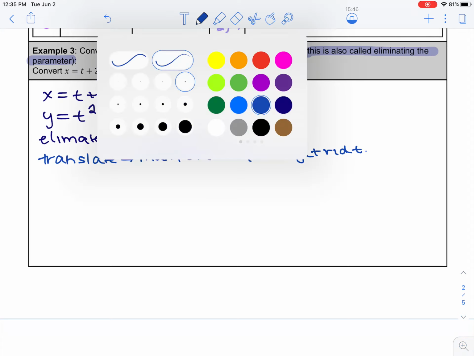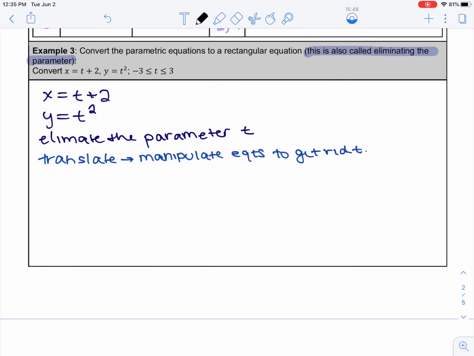So we have a couple things that we need to consider in doing this. Our first step that you will see detailed in the answer key to your guided notes, your step 1, is to pick one of your equations, pick x or y equation, and solve for t.